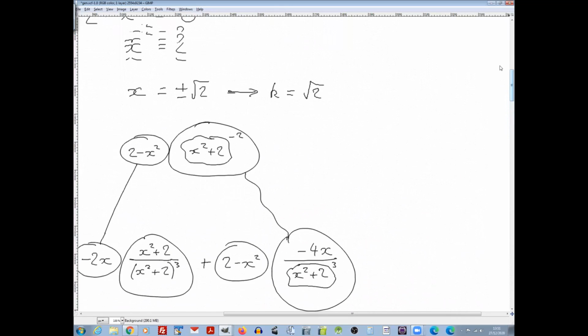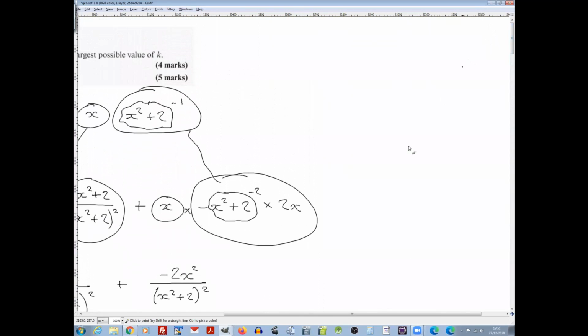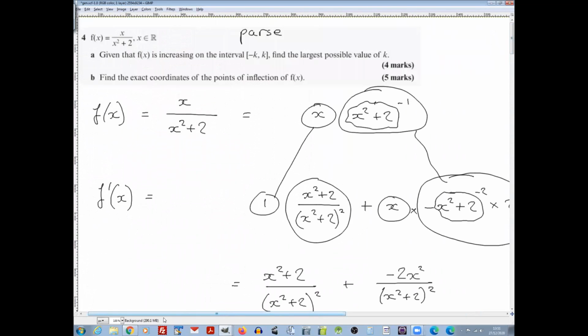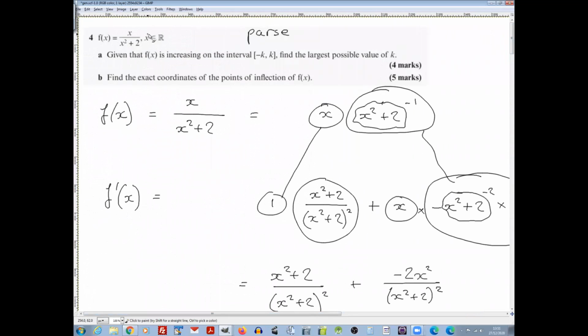And the corresponding y values, well, we'll have to go right back to the original function, won't we, to get the corresponding y values. Let's do the x values from left to right. Minus root 6 for an x value. What's the y value?